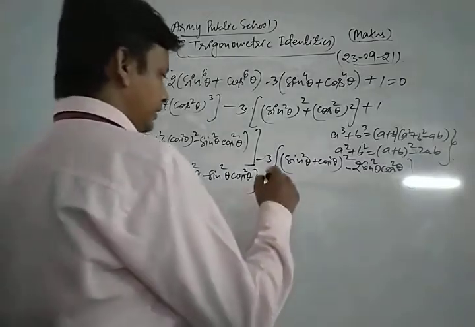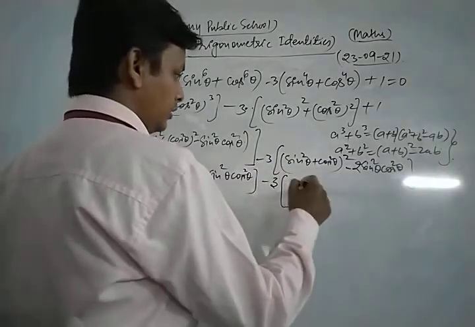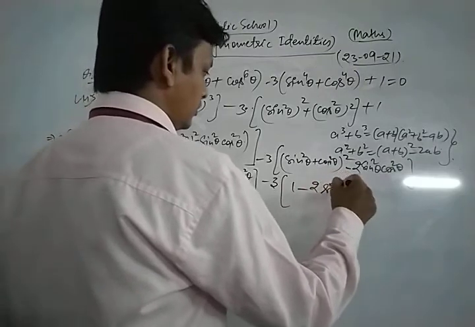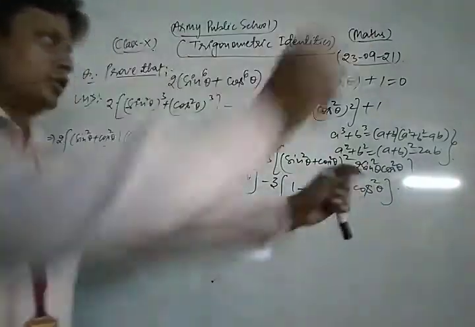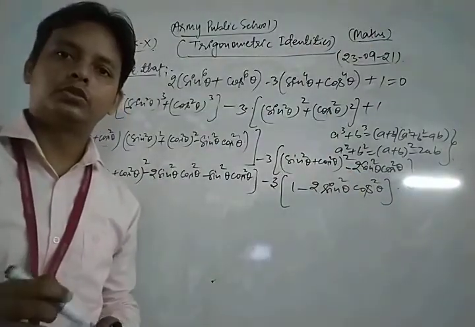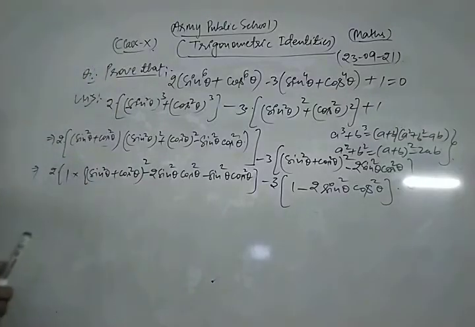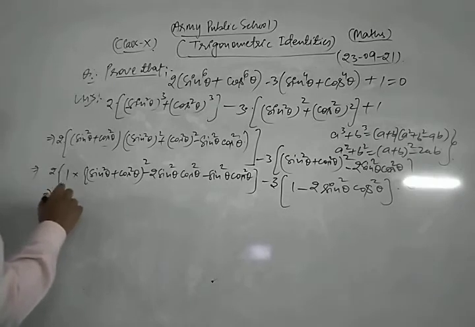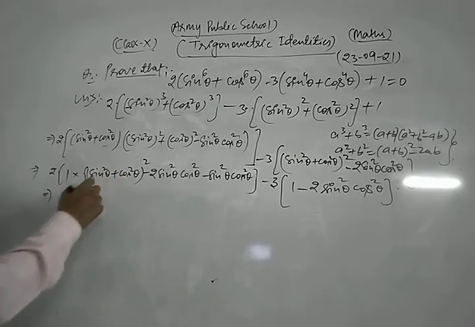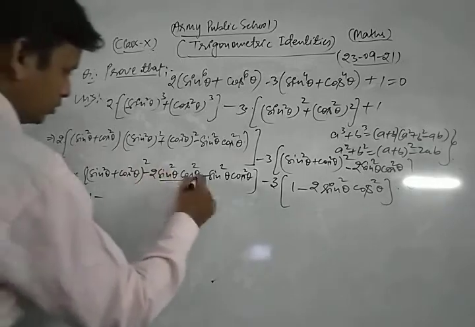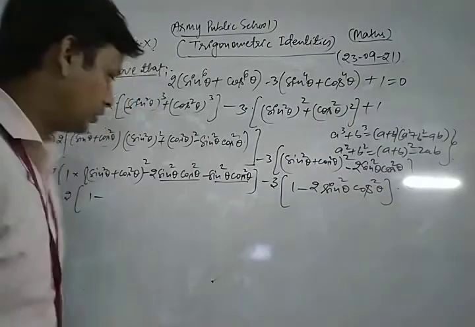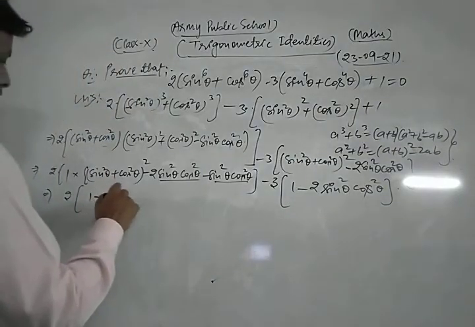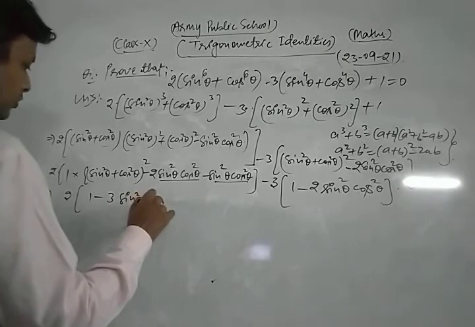Okay, now minus 3, this is 1 minus 2 sin square theta into cos square theta. Now look, sin square theta plus cos square theta whole square is 1 square, which is 1, minus 2 sin square cos square theta, and this is minus sin square cos square theta, so that is minus 3, okay, so 1 minus 3 sin square theta into cos square theta.